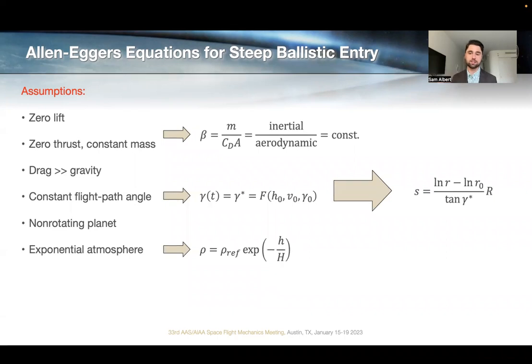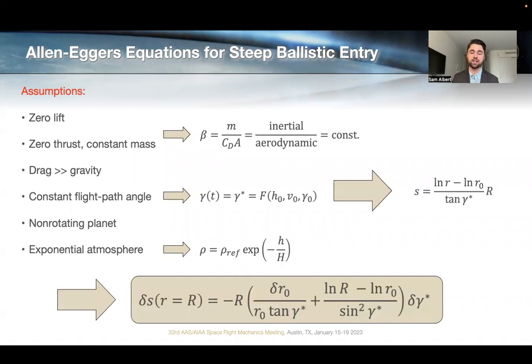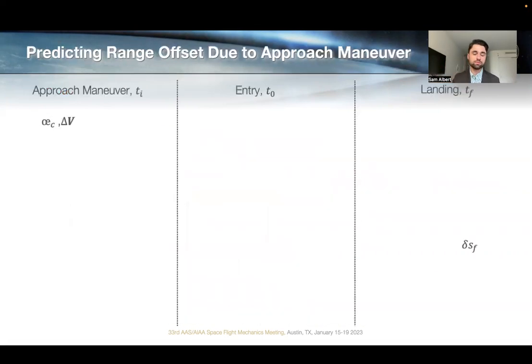So all of this together gives us a closed form expression for range, and then we can take the first variation of that equation, and the bottom line is we get this expression for the approximate offset in range between the deputy and the chief on the surface based on differences in their radius and flight path angle at entry.